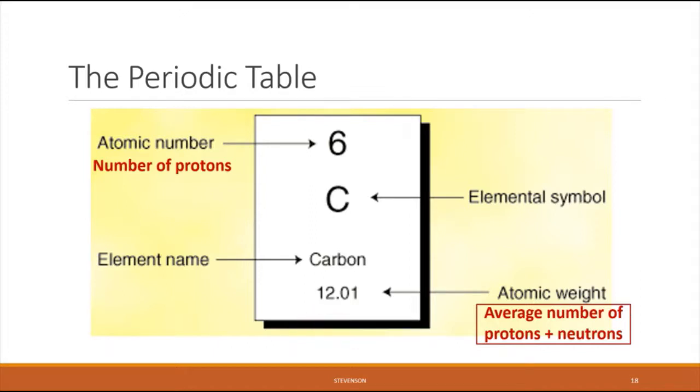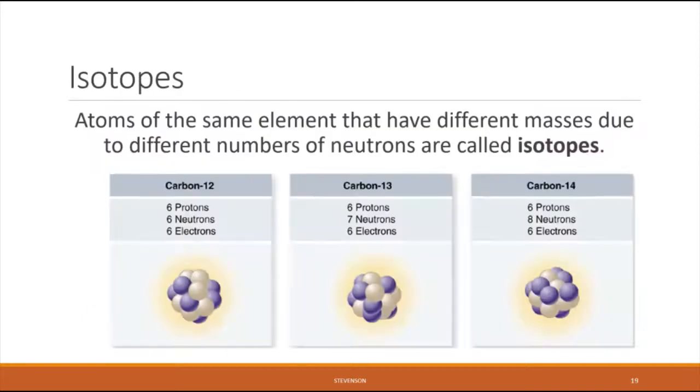because there are actually different variants of elements that weigh different things. These are called isotopes. Atoms of the same element that have different masses due to different numbers of neutrons are called isotopes. Now, we already talked about how the protons are what define an element.